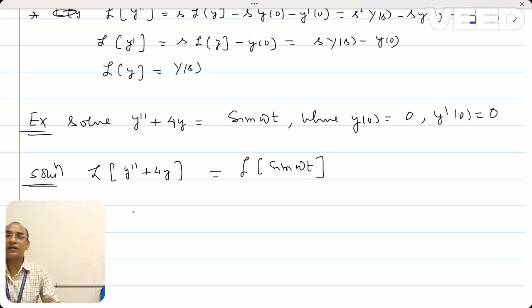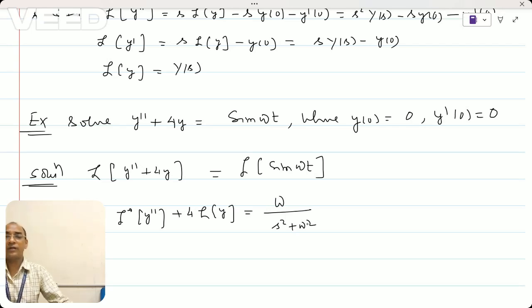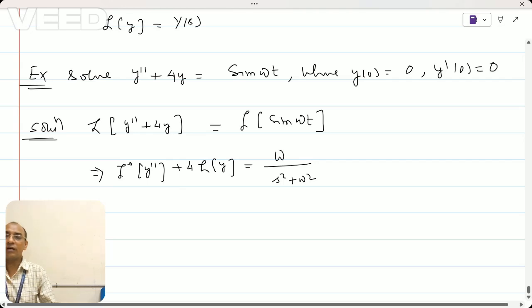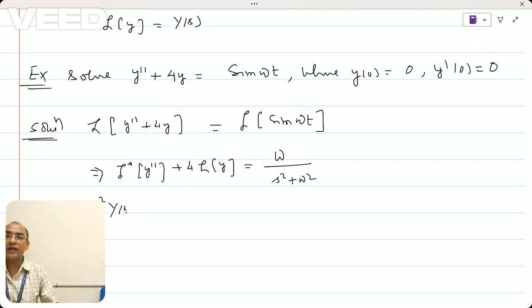By the linear property, we get the Laplace transformation of y double dash plus 4 into the Laplace transformation of y, and you know the Laplace transformation of sine omega t is omega divided by s square plus omega square. Now I will apply the formula, so I will get s square Y(s) minus s y of 0, minus y dash of 0.